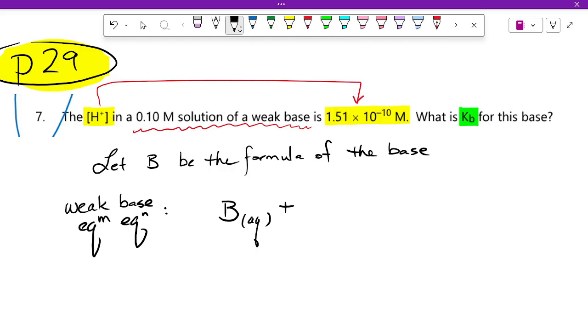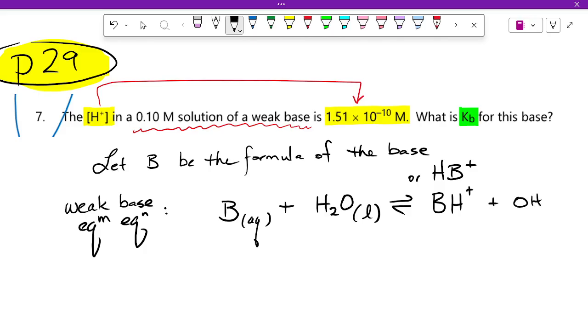And what does it react with? H2O, which is a liquid. And that is in equilibrium with, what does the base become? BH plus or HB plus, whichever one you prefer, plus OH minus, and those are aqueous and aqueous.